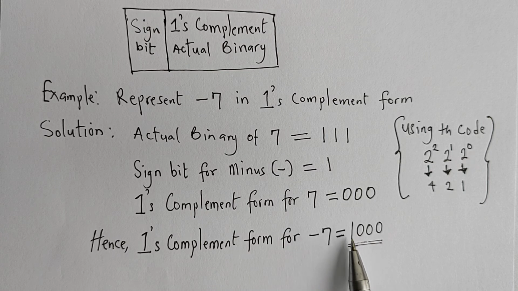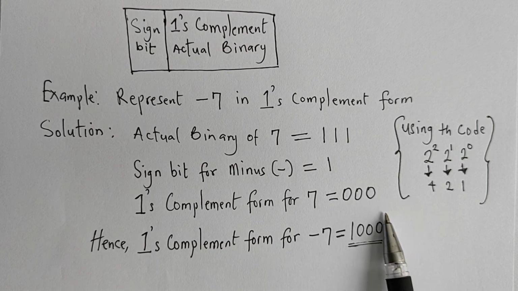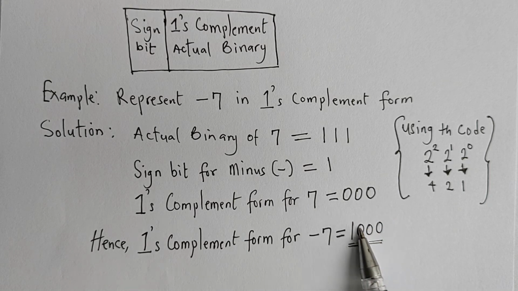That's why we have 1, 0, 0, 0, where the first bit indicates the sign bit, while the remaining bits indicate the magnitude bit. So this is the binary number for -7 in 1's complement form. This is how simple it is.